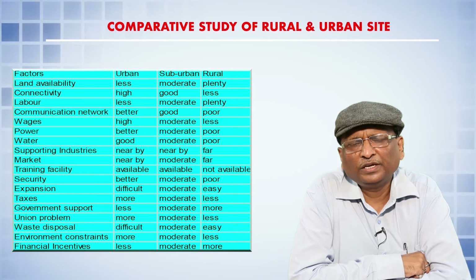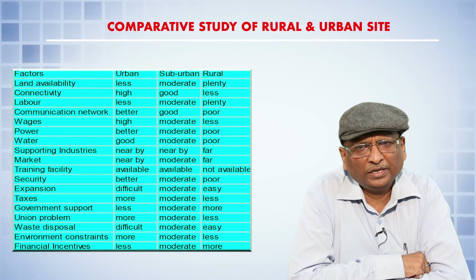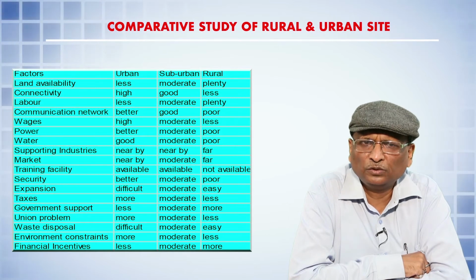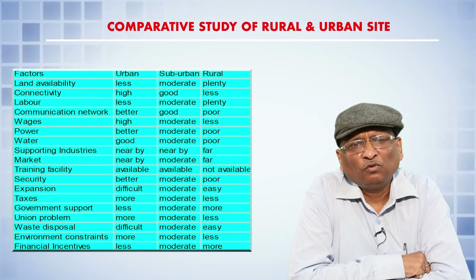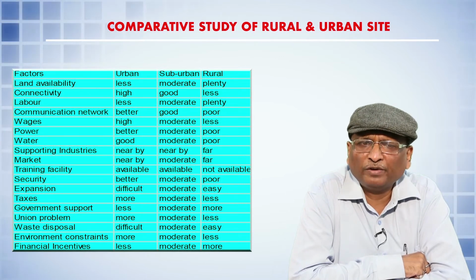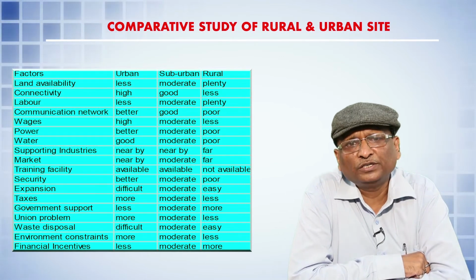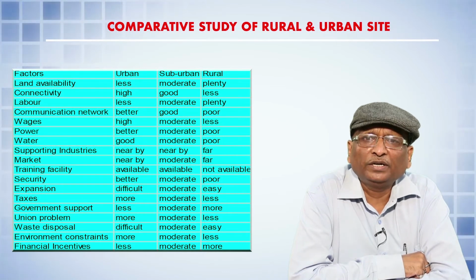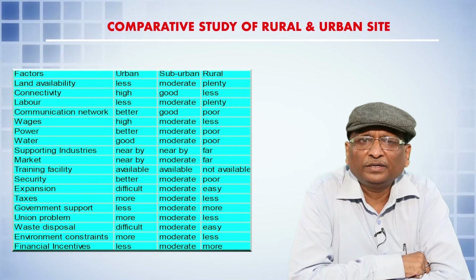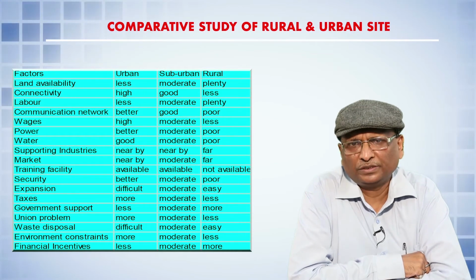You will see in the case of urban it is high, in the case of rural it is low. One has to see what is the condition of power availability, what is the condition of water availability. Another important point is the supporting industry.